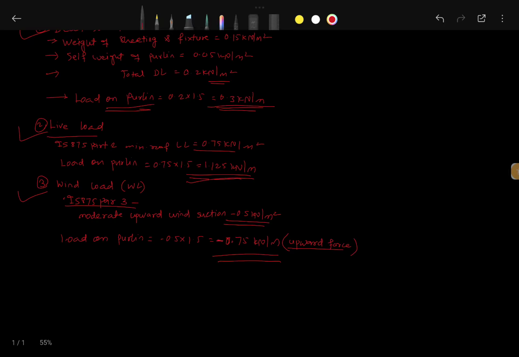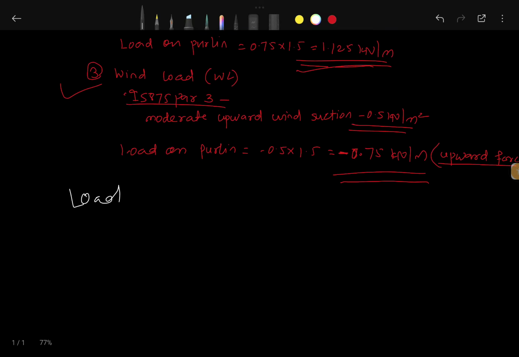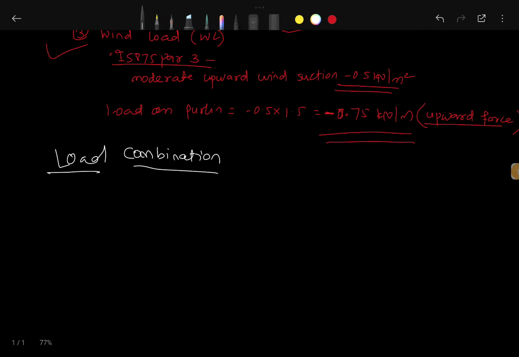Our next point is load combination. For load combination, we see there is a bending strength combination.